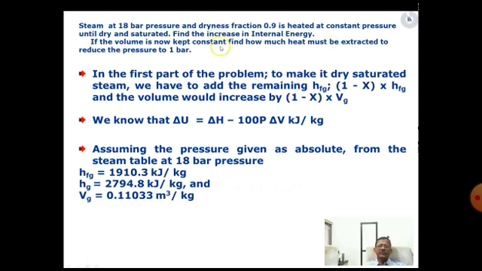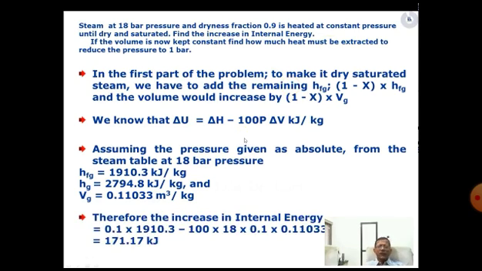So using this, the increase in internal energy, with 0.1 into hfg as del H and 0.1 into vg as del V, will be 171.17 kilojoule.